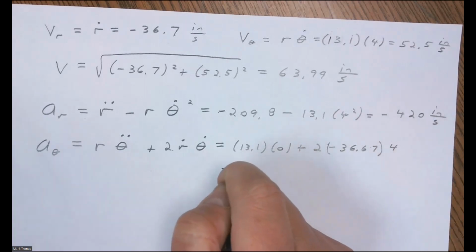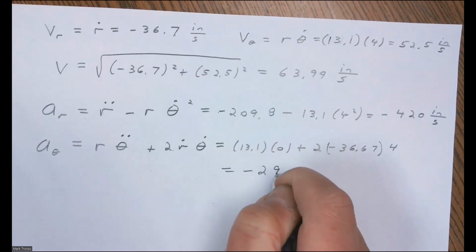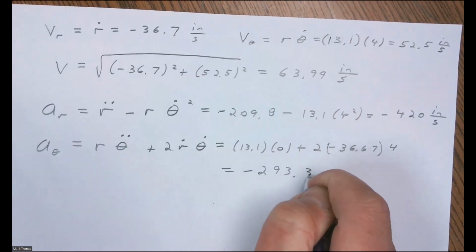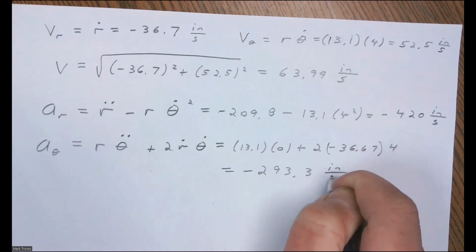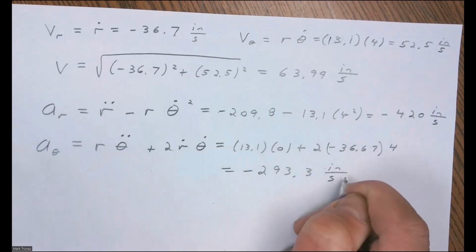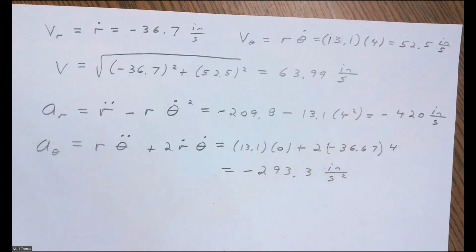And when you put that on your calculator, you get 293.3 inches per second squared. So just double check that.